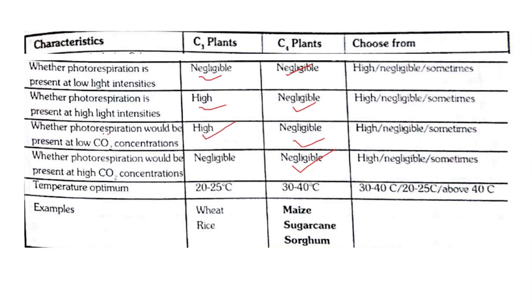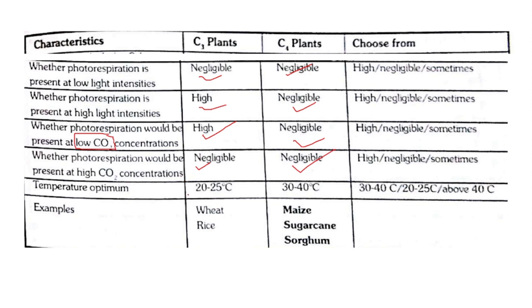At low CO2, there is a competition between CO2 and O2 for rubisco, so automatically the lower will be pushed away and the dominant will get attached with the rubisco.